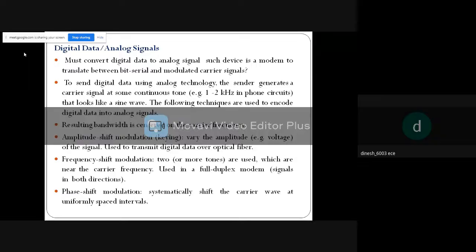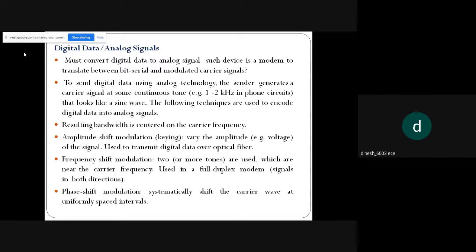To send digital data using analog technology, the sender generates a carrier signal at a source tone in the frequency of 1 to 2 kilohertz that looks like a sine wave. For this, the following techniques might be used to encode the digital data into analog signals.